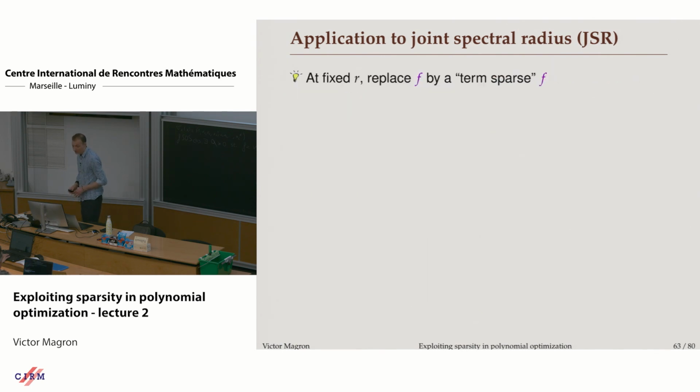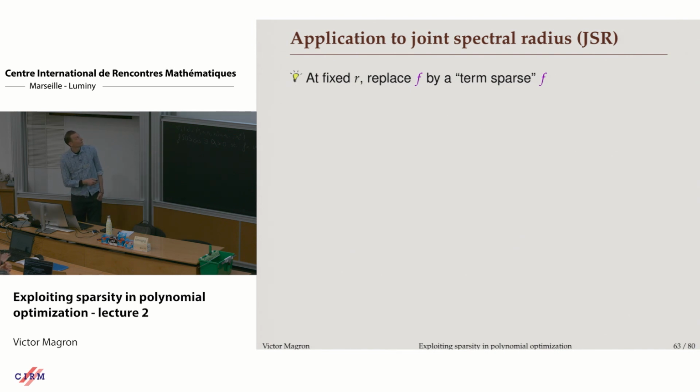Okay, and so with my former postdoc, we also never heard about this joint spectral radius before. But then some people from the control department came to see us and said, okay, can you apply your sparse thing on this problem? And then we tried.